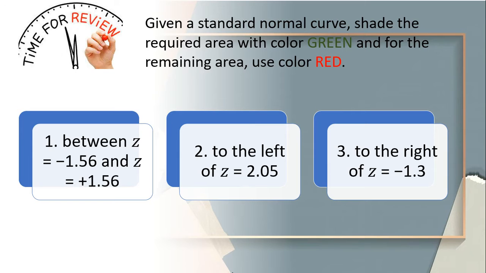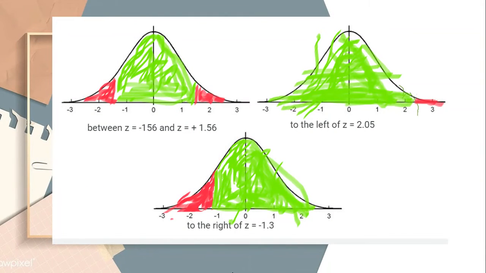Now, so tapos na po ba? Ang next nyo makikita ay ang sagot with these 3 review questions. So, ayan. So, sa between z, ang green part ay yung z is negative 1.56 and positive 1.56. So, yun yung between. So, red area, yung nasa dulo.